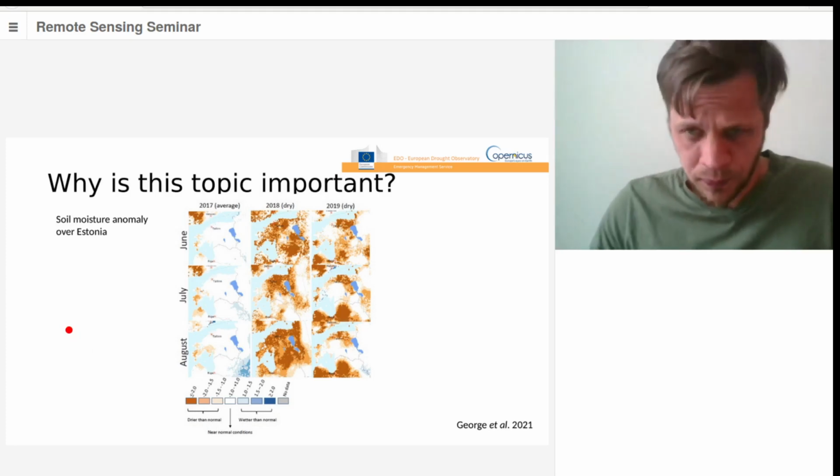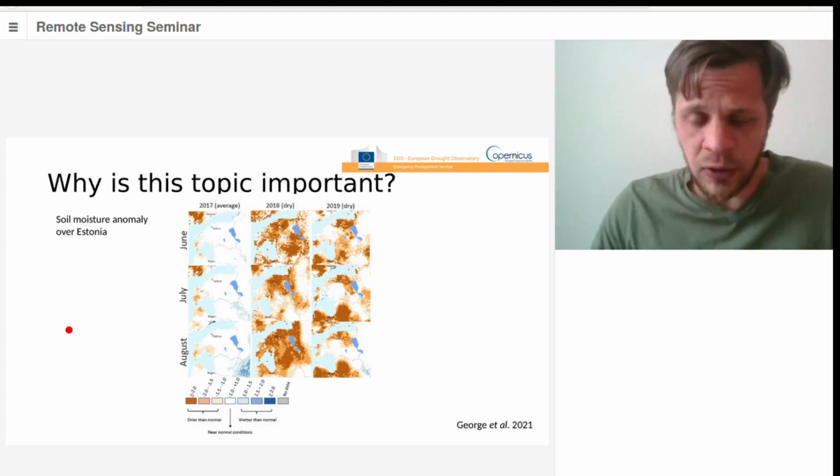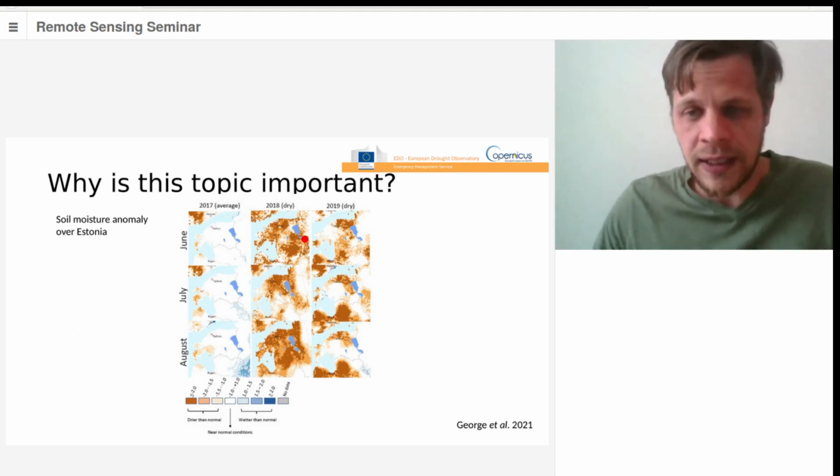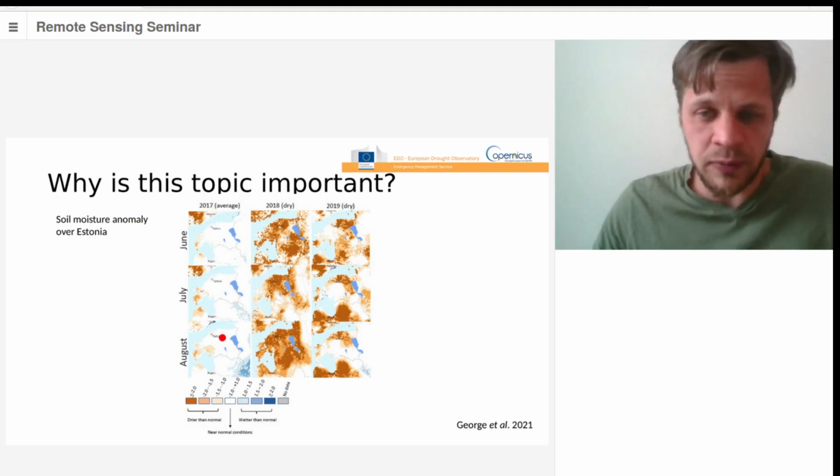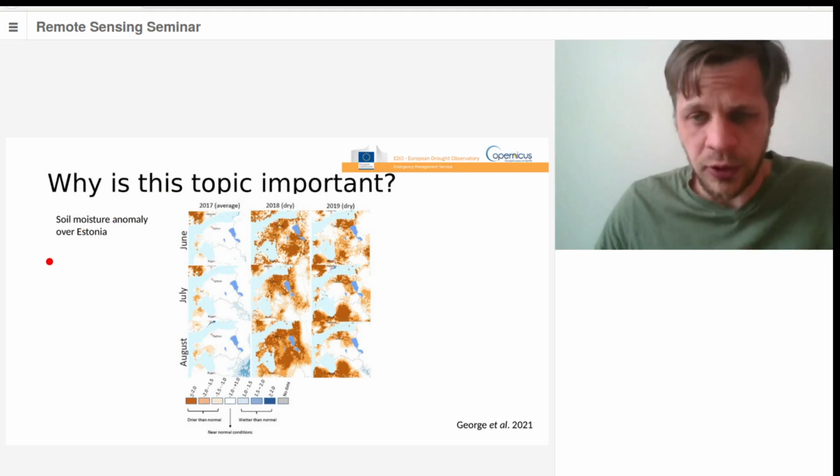And this topic is also, so it's not the first drought that is appearing at the moment. Here I gathered mainly the same data from the European Drought Observatory for Estonia for 3 consecutive years, 17, 18, and 19. And 17 is for comparison because it was a very average year with smooth conditions.